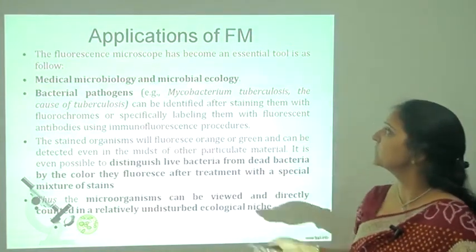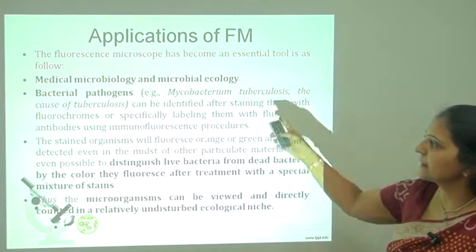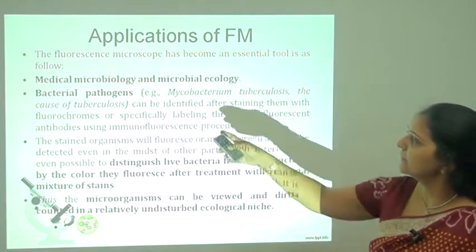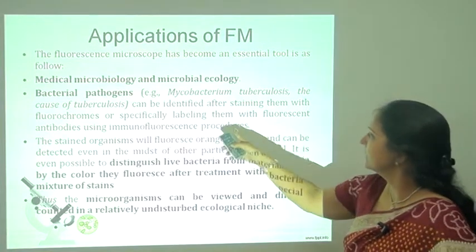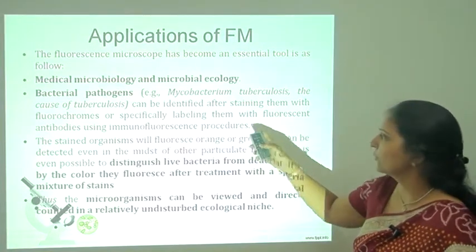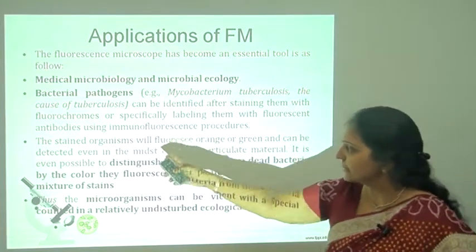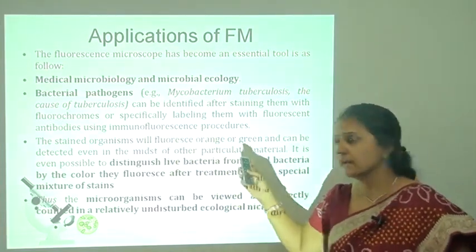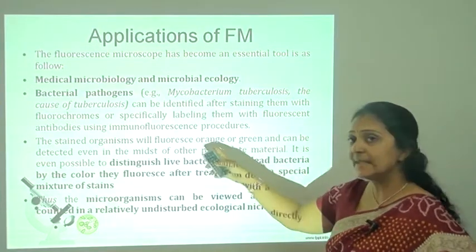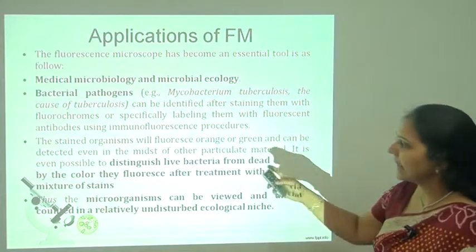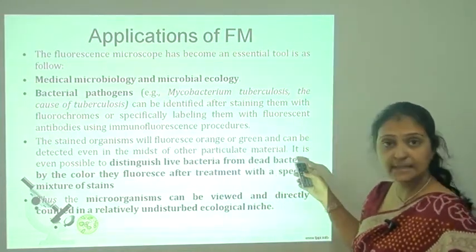These are some applications of fluorescent microscopy. It is used in medical microbiology and microbial ecology to study and identify bacterial pathogens after staining with the fluorochrome dye, and especially labeling them with fluorescent antibodies using immunofluorescence procedures. The stained organisms will fluoresce orange or green and can be detected even in the midst of other particulate material present.